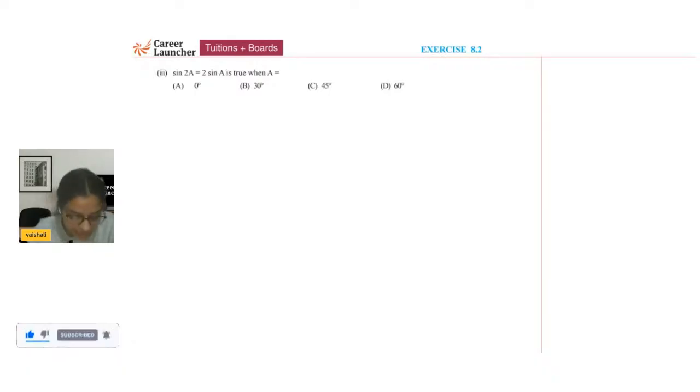Now the next part is: is it true that if A is an angle, sine of 2A is equal to 2 sine A? Yes or no? Now you can think and see, is it true or not?